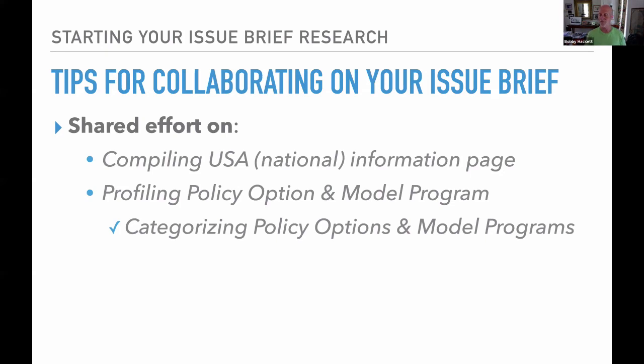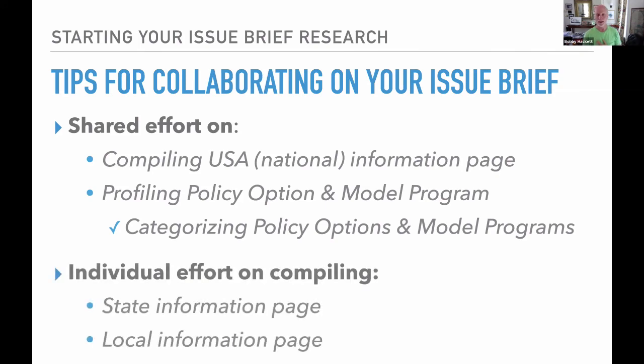And then the effort of categorizing and grouping them. And that discussion will be really quite interesting to you and very useful to the reader. So you'll share that work together. That's what you have to coordinate. You're individually going to do your own state and your own city. So this is pretty straightforward, but that's kind of how I would approach it.